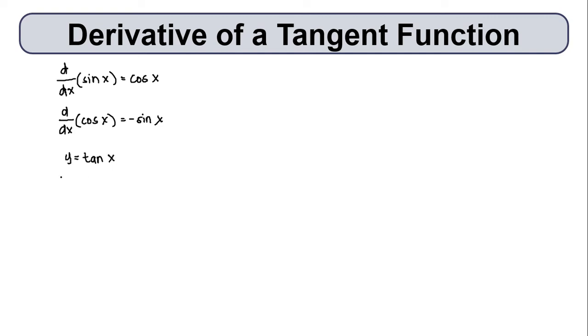Okay. Where to find the derivative ng tangent x. Tan x or tangent x, question mark sa atin yan. Okay. So what we know about tangent function is that it is the ratio, no?